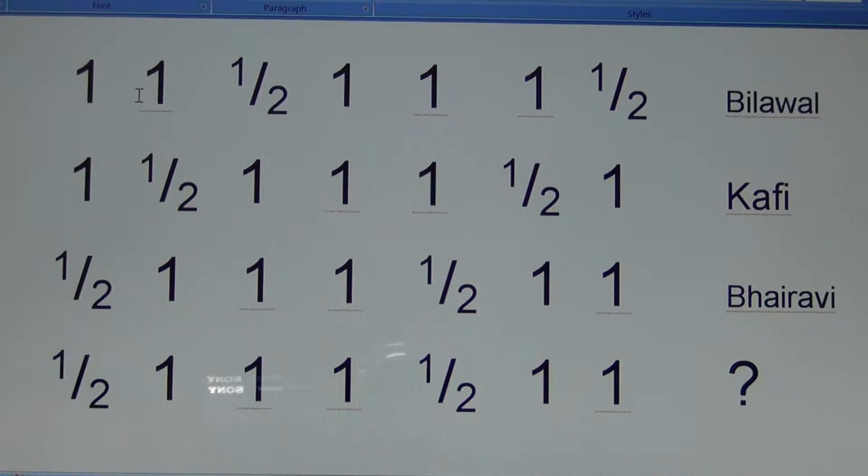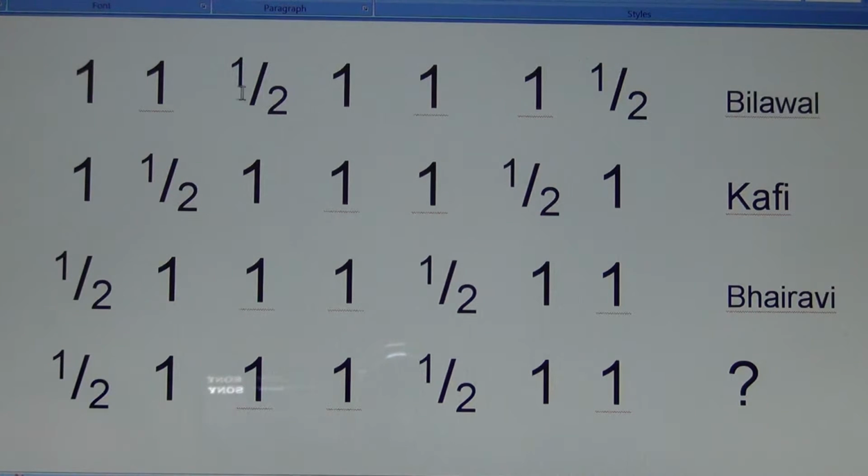If you recall from lessons 401, 402 and 403, these here are the intervals for Thaat Kafi and Thaat Bhairavi. And we said that Thaat Bilawal, which is equivalent to the Western major scale, has an interval formula of 1, 1, a half, 1, 1, 1, a half.